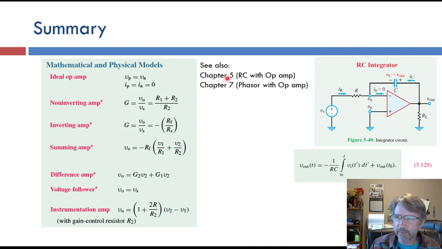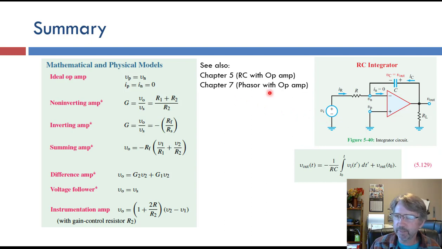If you look into chapter 5, they do circuit analysis with resistors and capacitors, which adds a differential equation term to our analysis, and then you can do things like integration and differentiation. So here is an op-amp circuit that has a capacitor in the feedback path, and the equation for this circuit is Vout is the integral of the input voltage. So this is an integrator. You can also do derivative op-amps.